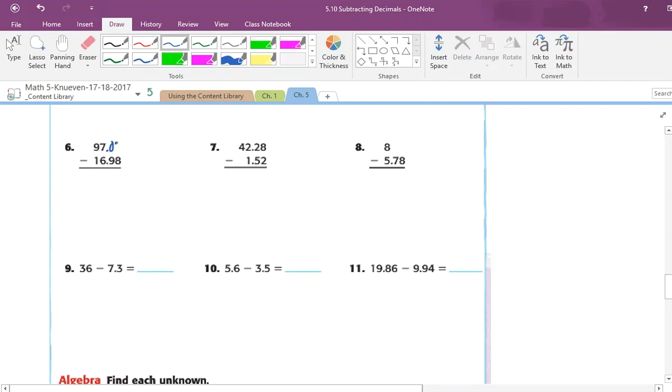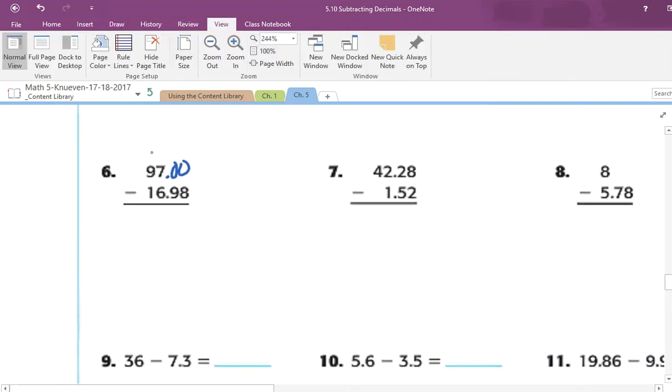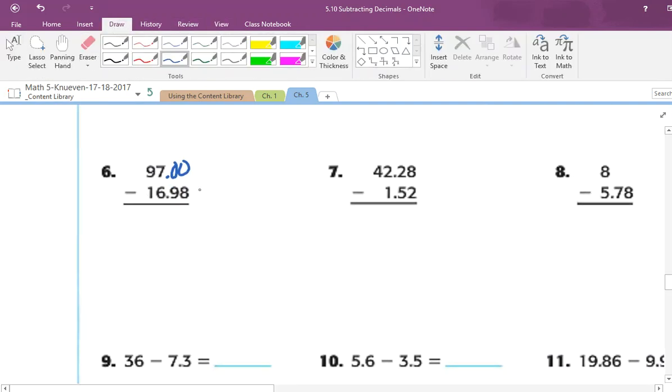So I annex zeros, but I cannot take 8 from 0. Let's zoom in just a tad, make this a little easier to see. So 8 from 0 I cannot do, and I can't borrow from the 0 to the side of it, so I go to the next place value and I get a 7. So I change that 7 to a 6. Now this first 0 becomes a 10, but that doesn't help our initial 0.